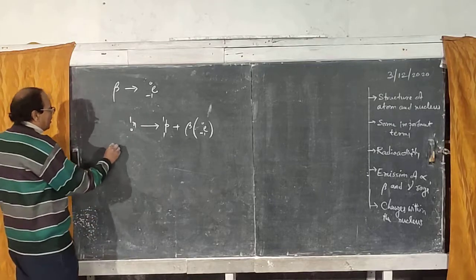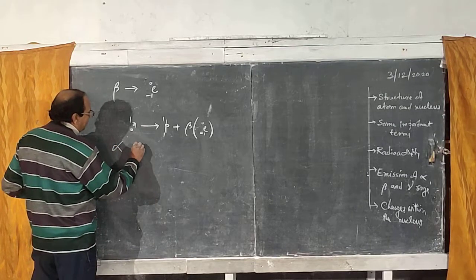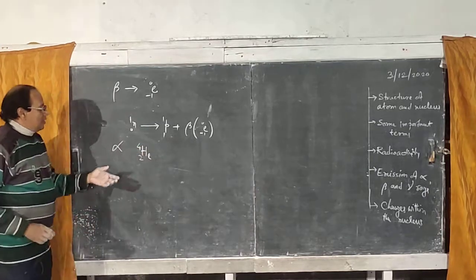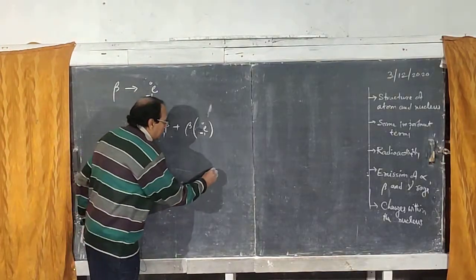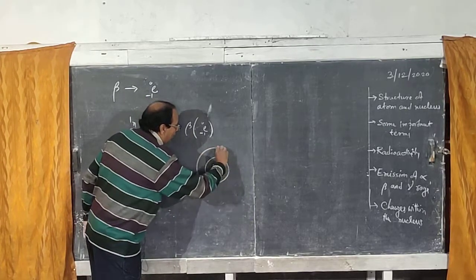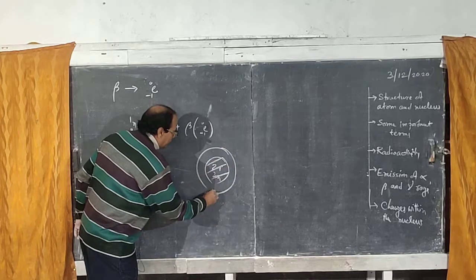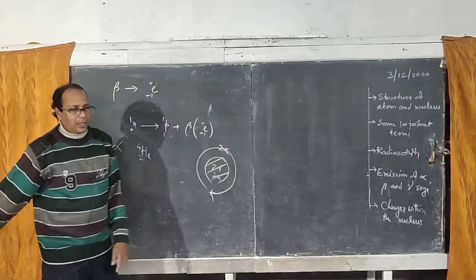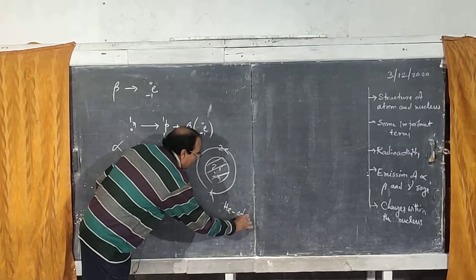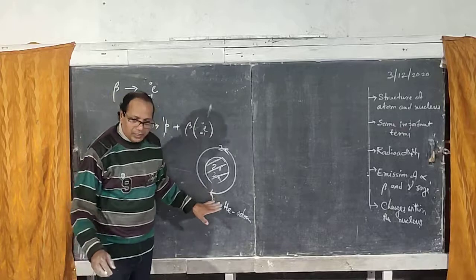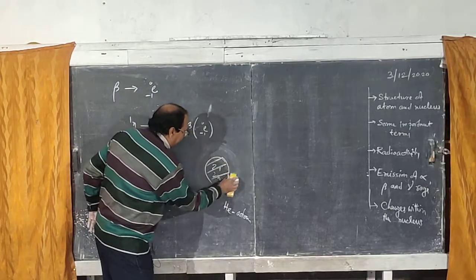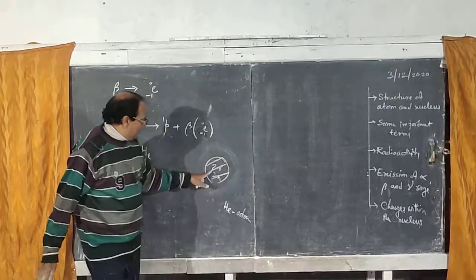Okay. Similarly, what is an alpha particle? Alpha particle is nothing but a helium nucleus. In a helium atom, we have seen 2 protons, 2 neutrons, and all around the nucleus in the K shell there are 2 electrons. So this is a helium atom. Now if you remove these electrons from the atom of helium, then only the nucleus is left.